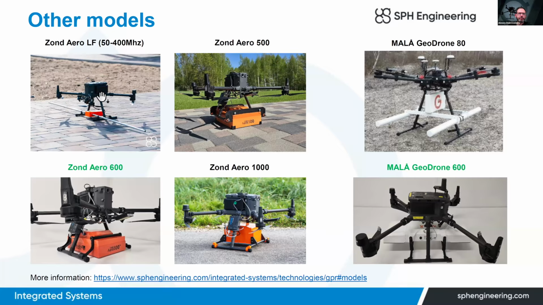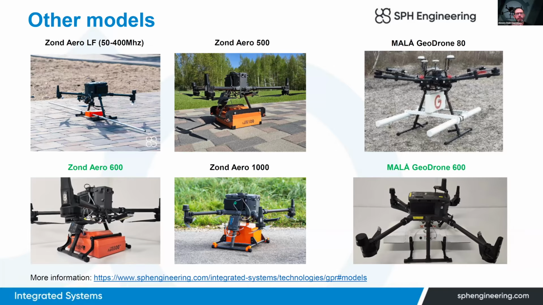Low frequency GPRs with unshielded antennas. Antennas are interchangeable. You can change dipoles in the field, and dipoles are very cheap actually. It's aluminum tubes. We tested that GPR system with frequency ranges from 50 and up to 400 megahertz, and it is the lightest GPR on the market.